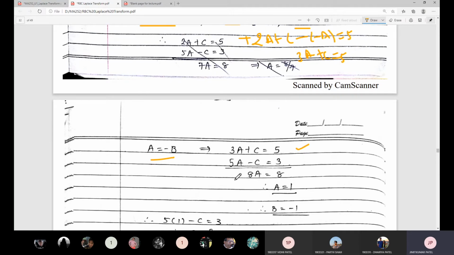If you use the elimination method, then C will cancel out, so we have 5 plus 3, that means 8A equals 8, so A is equal to 1.